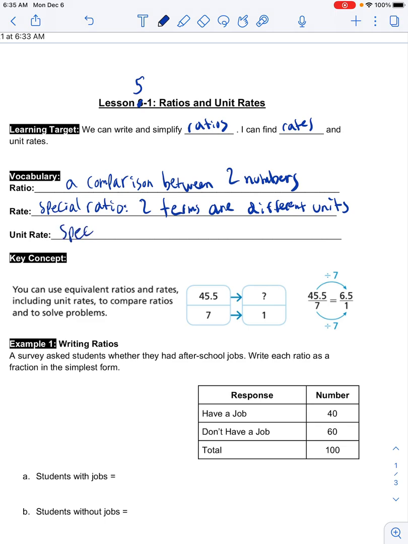So again, it's a special ratio, comparing two terms to one specific unit. And we'll do some examples of that.